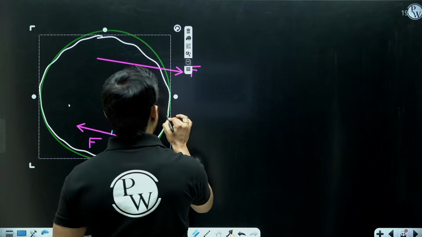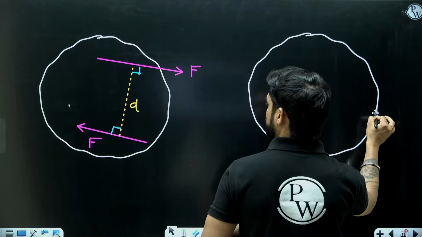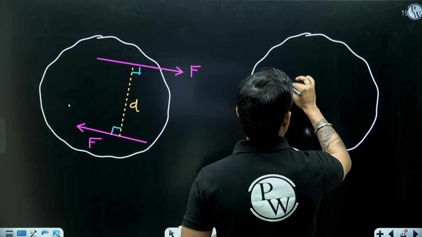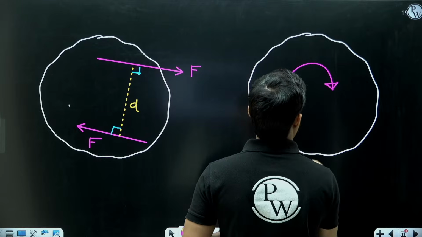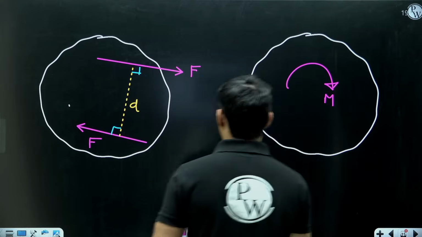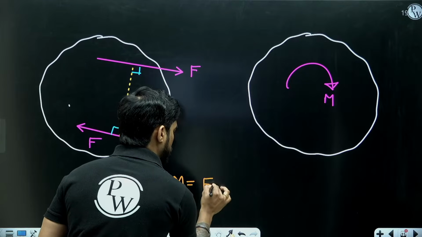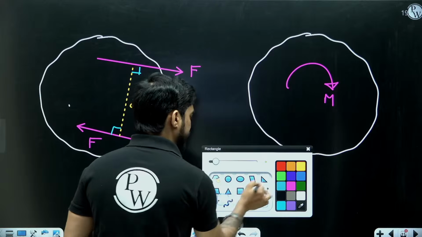So what happens is both these forces get cancelled and we get a couple. And the value of this couple M will be equal to F multiplied by d.